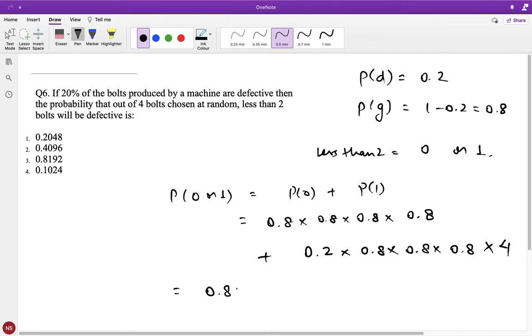So this is 0.8 raised to the power 4 plus 0.2 into 4 into 0.8 cubed. Again 0.8 raised to the power 4.